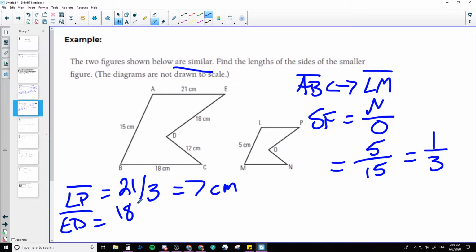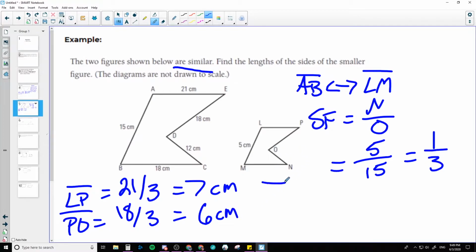So we've got 18 over 3. I should be mentioning that, no, I did that right for this one. It's this one over here that I said ED, when what I should have put was PO. So PO is 6 centimeters.